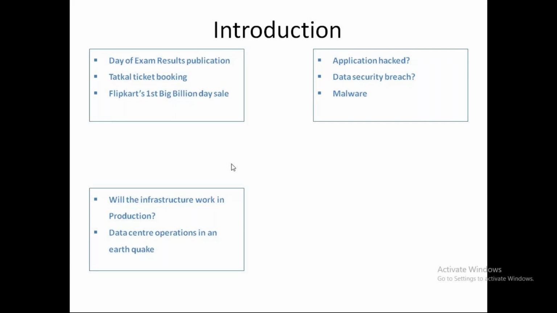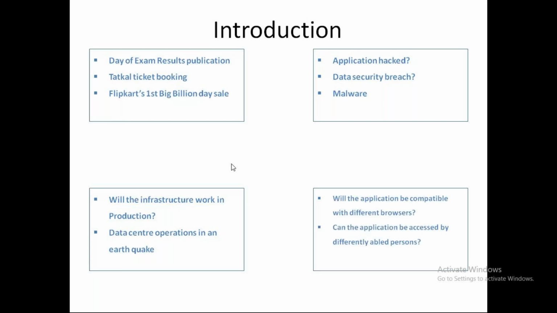And then is there any malware? Okay, is there any malware which can be introduced in my application? And then will my application be compatible with different browsers? Can my application be accessed by differently abled persons?